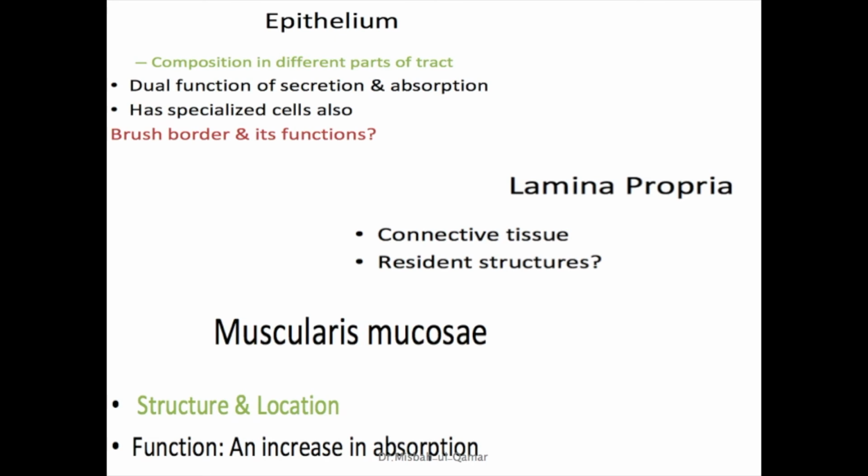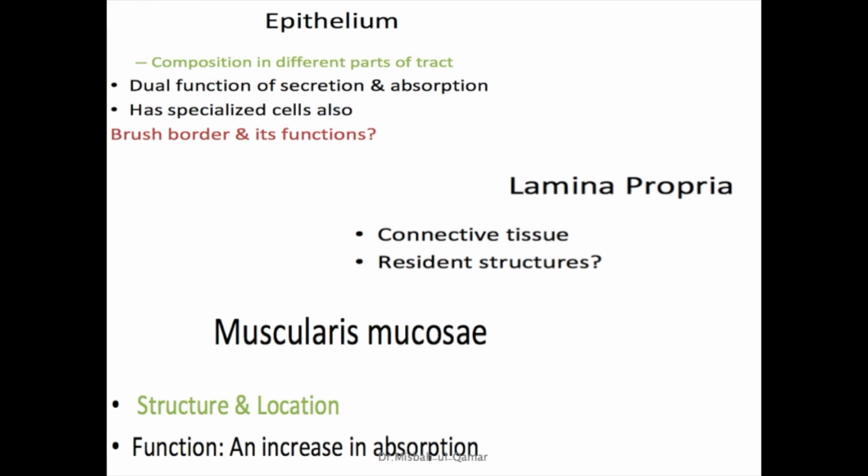If I describe the mucosa's histological picture, then the epithelium of mucosa is stratified squamous in mouth, esophagus, and anus, which makes it tough and well suited in these areas.